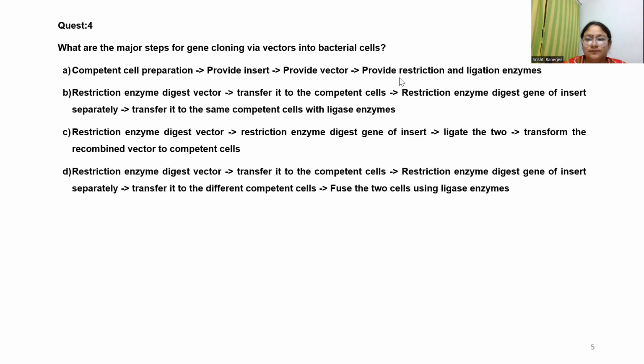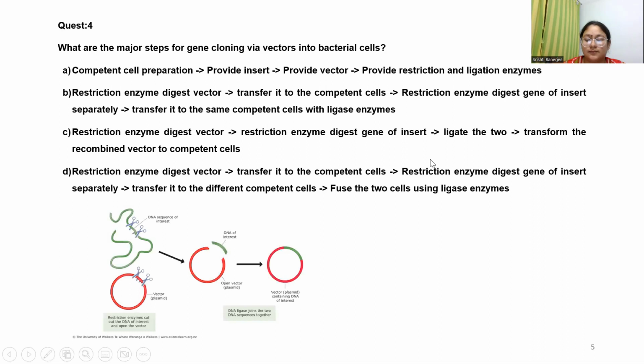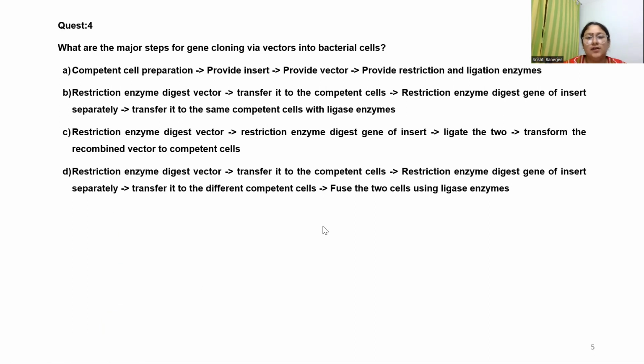Three people are for C. Most of you are saying it's C. So who was the first one to answer option C, Nidhi?